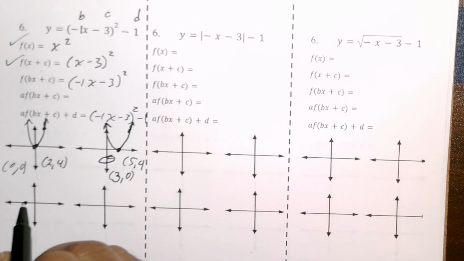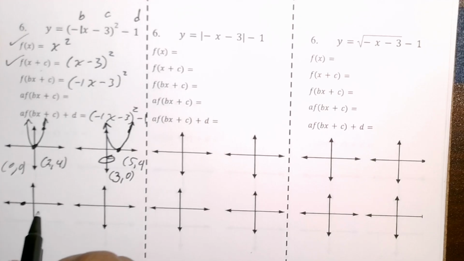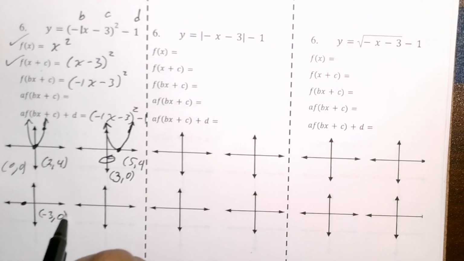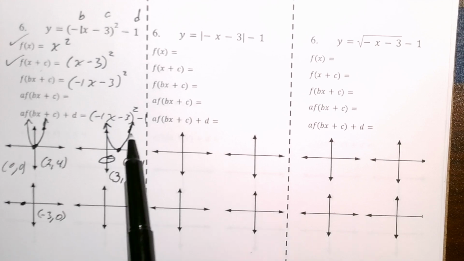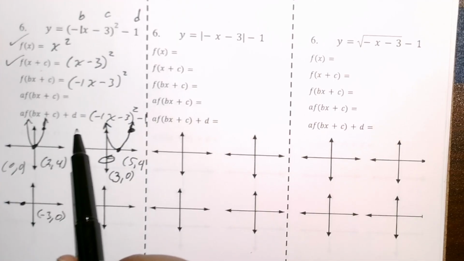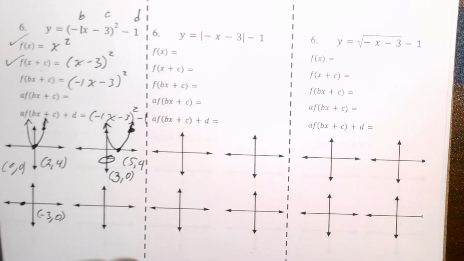So let's put that in there. So that's going to be -3, 0. And the point that is 5, 4 will flip over to the other side, so you'll get a -5, 4. So this point right here, that's -5, 4.